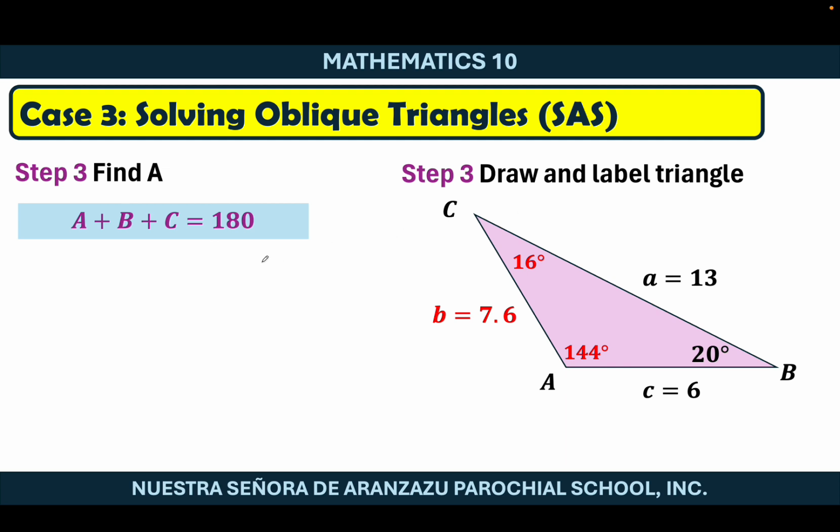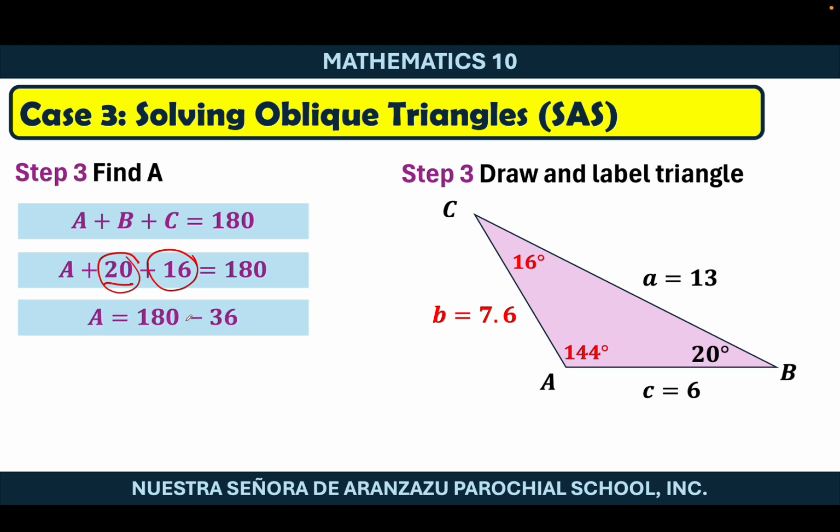Okay? So, nakuha nating B, that is 20. Ito yung given. And yung nakuha nating C, that is 16. So, get the sum, 20 plus 16, that is 36. And 180 minus 36, that is equal to 144 degree. And for the last step, you have to draw and label the triangle.